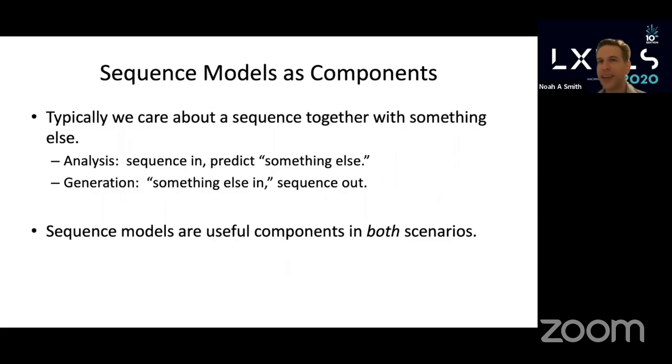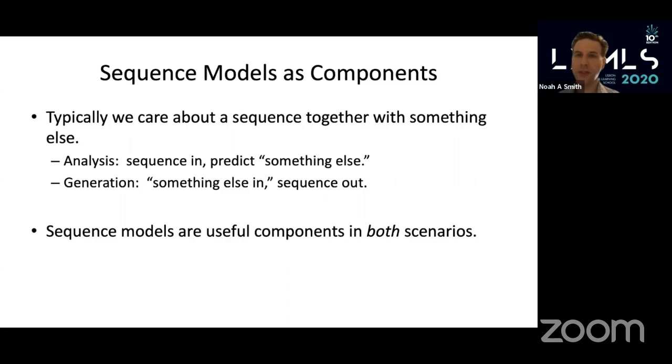One I call analysis, where your algorithm is going to read the sequence in and predict or generate something else. And then the other is a generation task where something else comes in and the sequence comes out. And of course, we also have tasks like machine translation, where the sequence is both the input and the output, and you're doing both analysis and generation. Sequence models, it turns out, are useful in both scenarios.